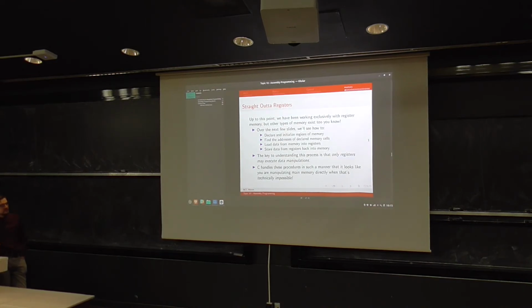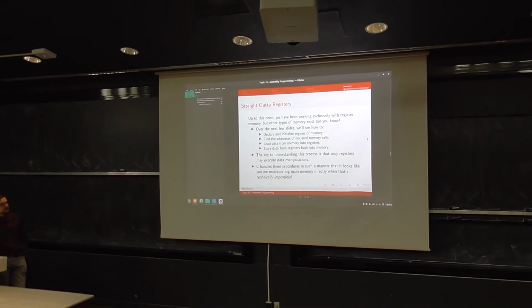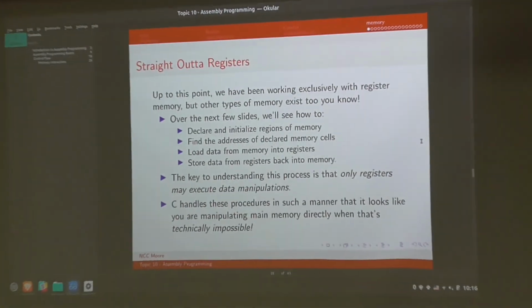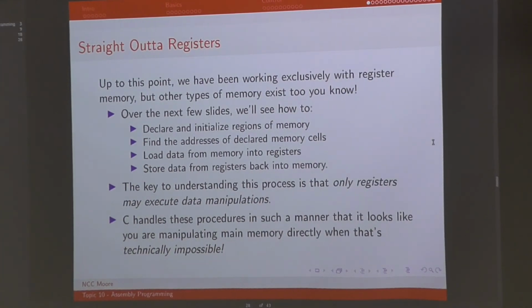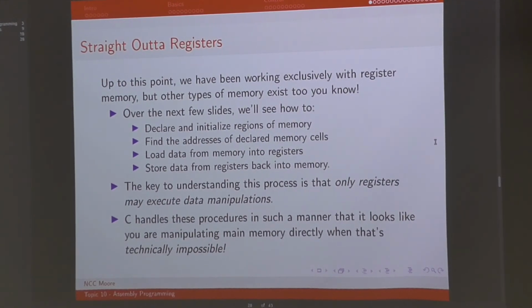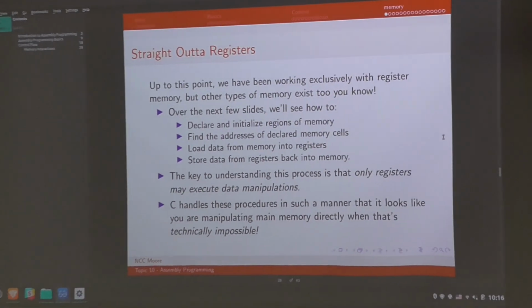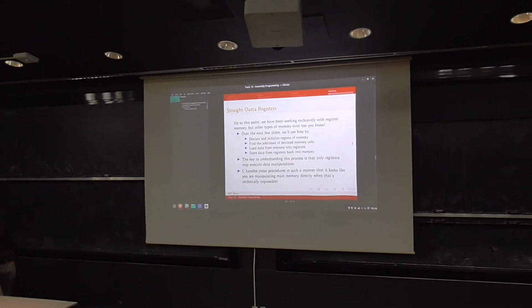We are going to have to use pointers for this. The key to understanding this process is that only registers may execute data manipulations, right? You can't specify a region of memory for an add operation. It must occur inside of the 16 registers of the CPU itself.